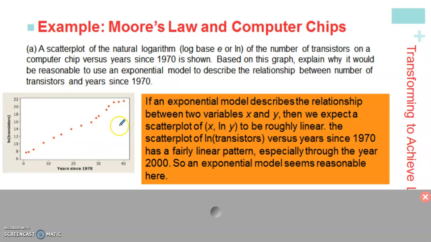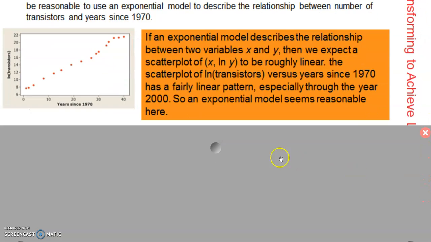And this scatter plot of ln of transistors versus years since 1970 has a fairly linear pattern, especially in the first 30 years, where it's very linear. You can see there's a slight little bump there, but overall there's a very linear trend in this graph. So that's why an exponential model would be appropriate.